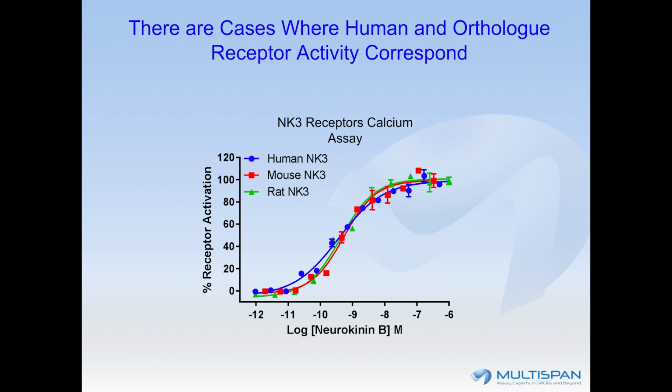So you're in good shape to at least assume that my compound will produce the same activity in the animal as is seen in my in vitro human system. But how do you predict, will this be true? Well, one way to do this is how similar is the animal receptor to the human? And one scale for doing this is amino acid homology.